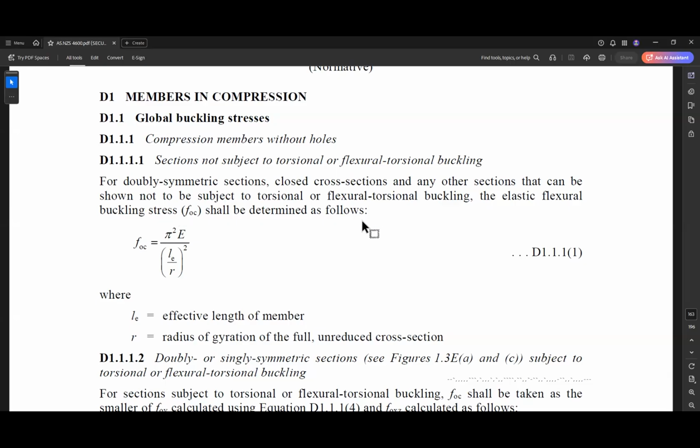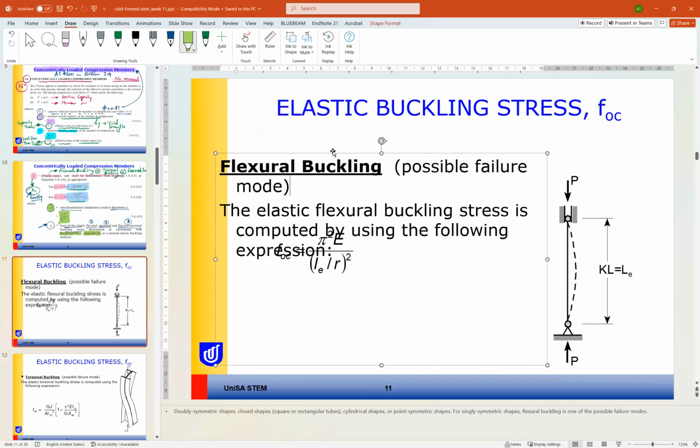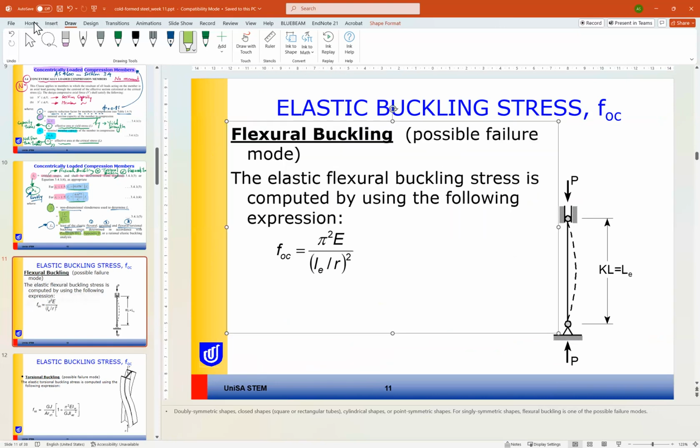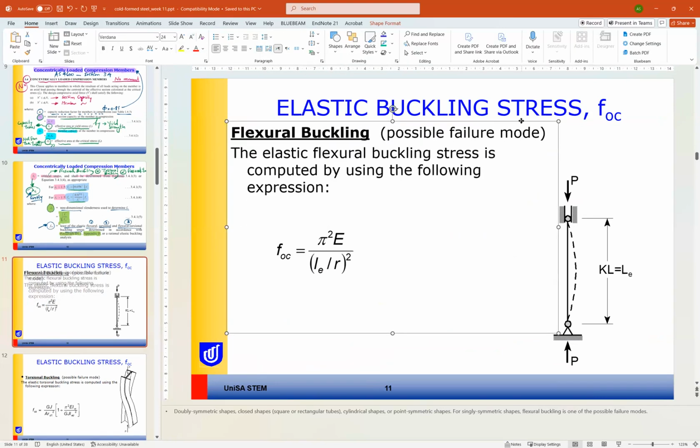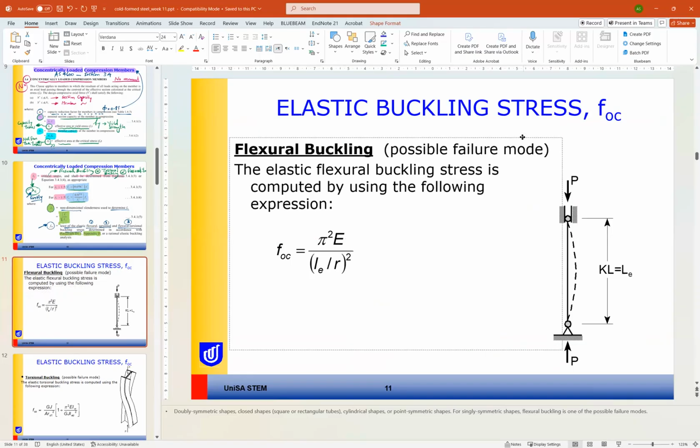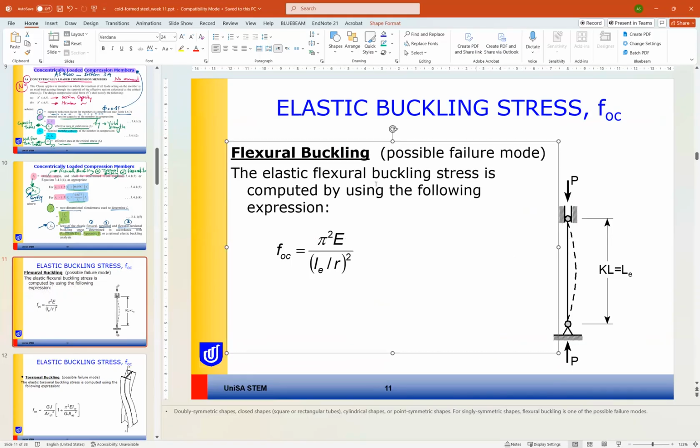Okay, if we go back to our slide. For the elastic buckling stress or flexural buckling, this is the first possible failure mode. The elastic flexural buckling stress is determined using the following formula: FOC equal to pi squared E divided by L effective over R, squared.